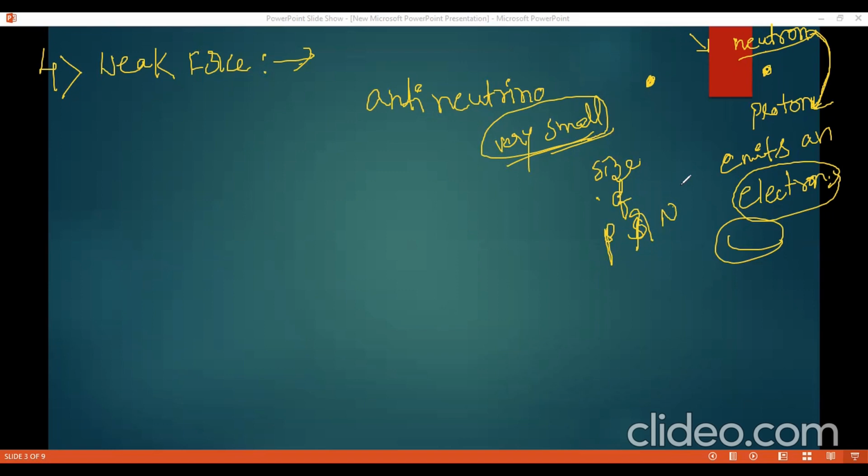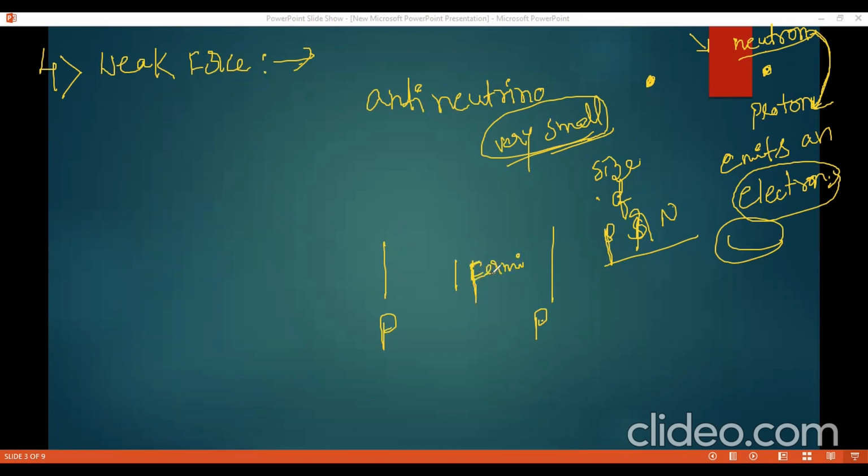It has been found that this force starts acting between two protons at a distance of 1 Fermi.